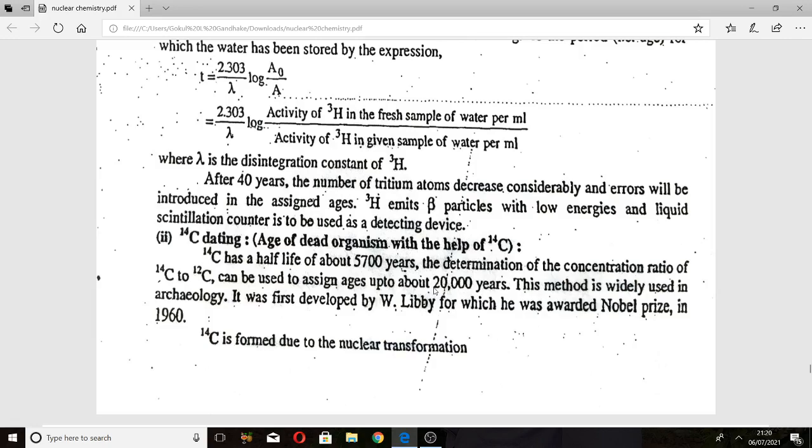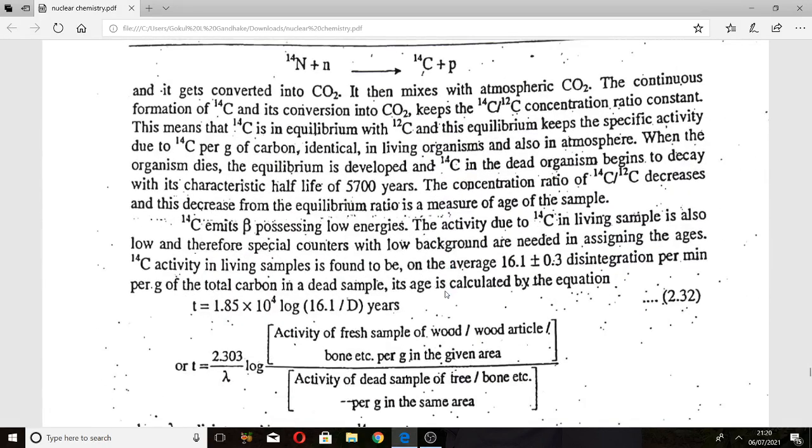The continuous formation of carbon-14 and its conversion to CO2 keeps the carbon-14 to carbon-12 concentration ratio constant. When this ratio decreases from the equilibrium ratio, the decrease is a measure of the age of the sample.